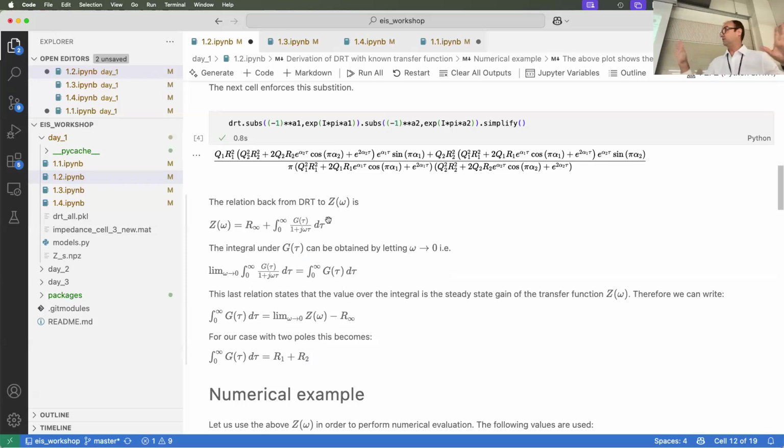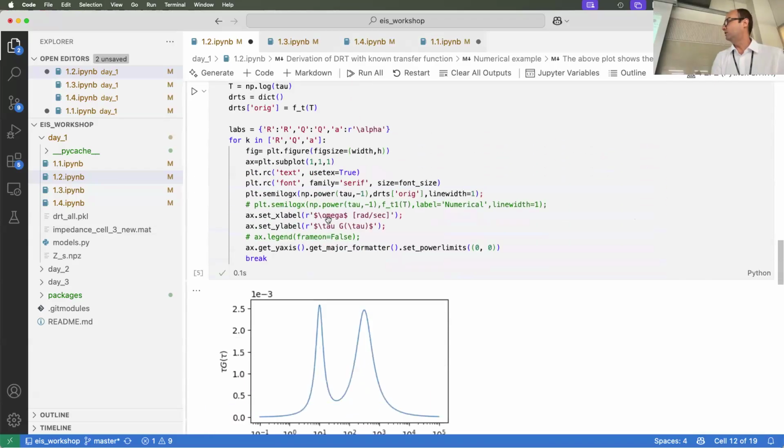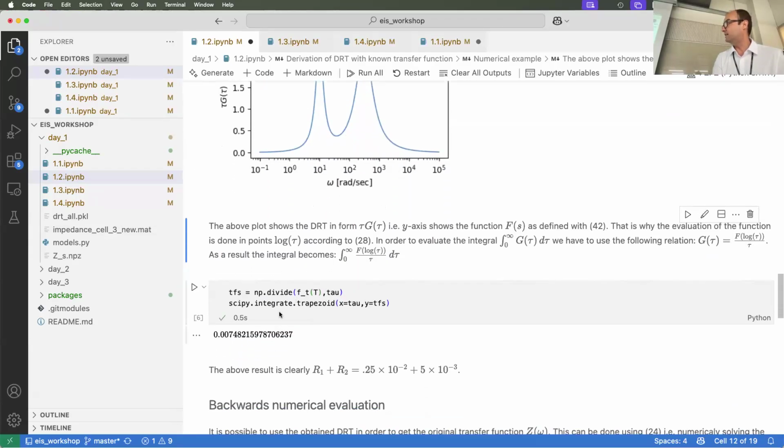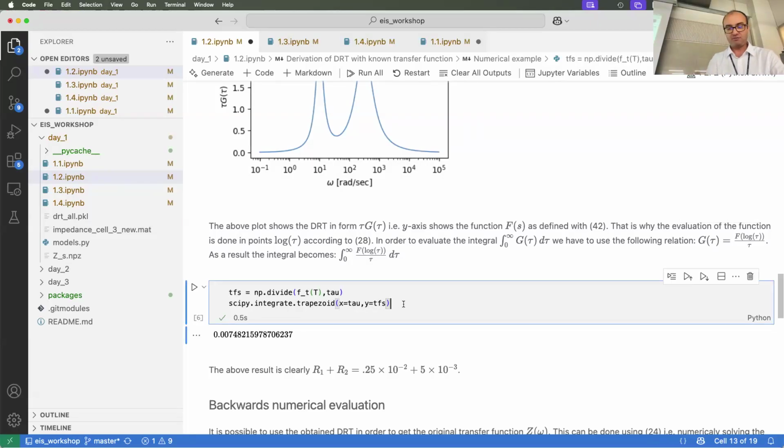I'm not going to solve it symbolically. We can do it symbolically, but let's do it in a numerical way because you will have only data. So what I'm going to do here is take the data and integrate it with trapezoid integration. I'm not even complicating with more sophisticated numerical integration. Simple trapezoid integration.